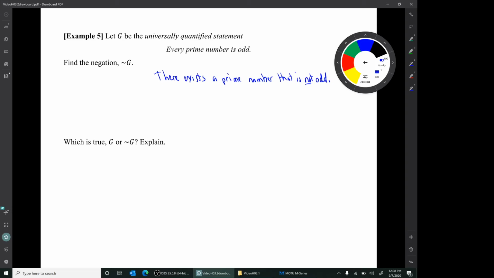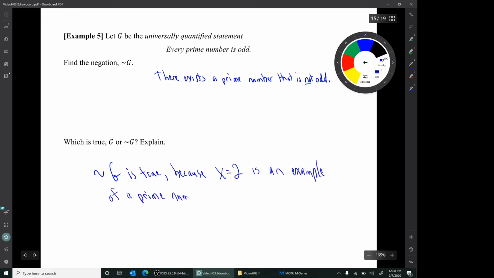But wait a minute, there's a prime number we've overlooked. The number 2 is a prime number, and the number 2 is not odd. The number 2 is even. So we'd say that x equals 2 is a counterexample that proves that G is false, or you could say that x equals 2 is an example that proves that the negation of G is true.